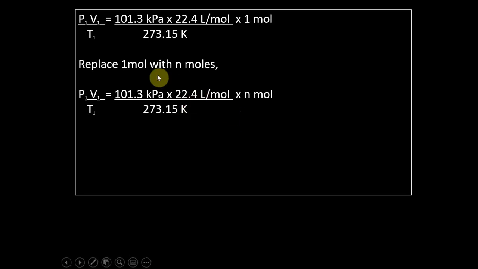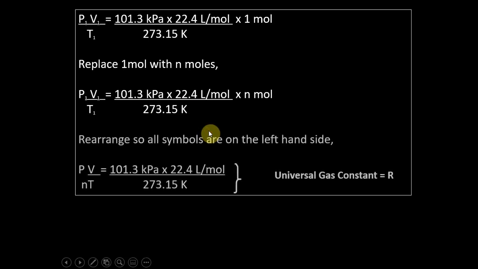And so we'll call this constant, let's say R. All right, so we rearrange all those symbols and put the variables on one side and the numbers on the other side, and we get PV over nT is equal to all of this mess, which we're going to call our universal gas constant, R.